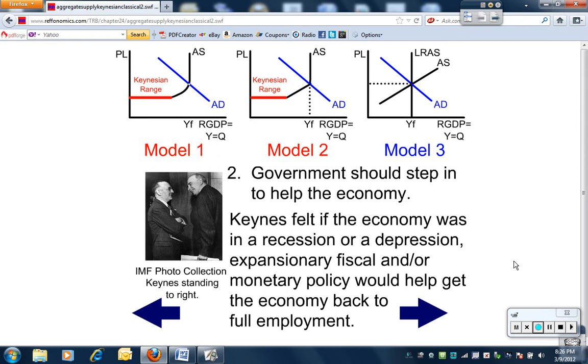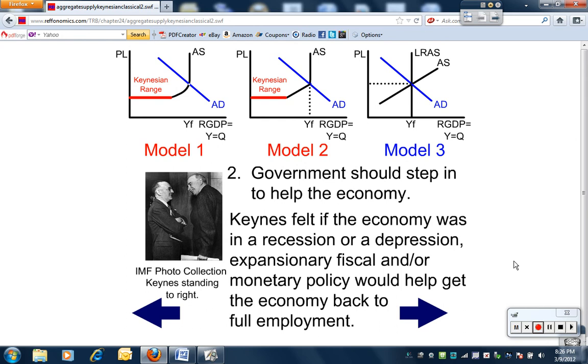Keynes felt that if the economy is in a recession, or if it's depressed, the government needs to do something in terms of an expansionary policy in order to get the economy back up on its feet and get it to full employment. We're going to look more in detail in classes at what we mean by expansionary fiscal policies and expansionary monetary policies.